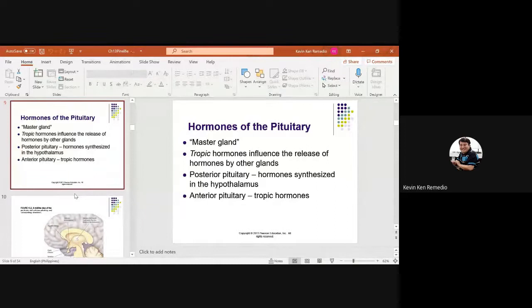So if there are deficits, if there are problems with our pituitary gland, then there is a possibility of hormonal imbalance. There is a big chance that hormonal imbalance will occur in our system.